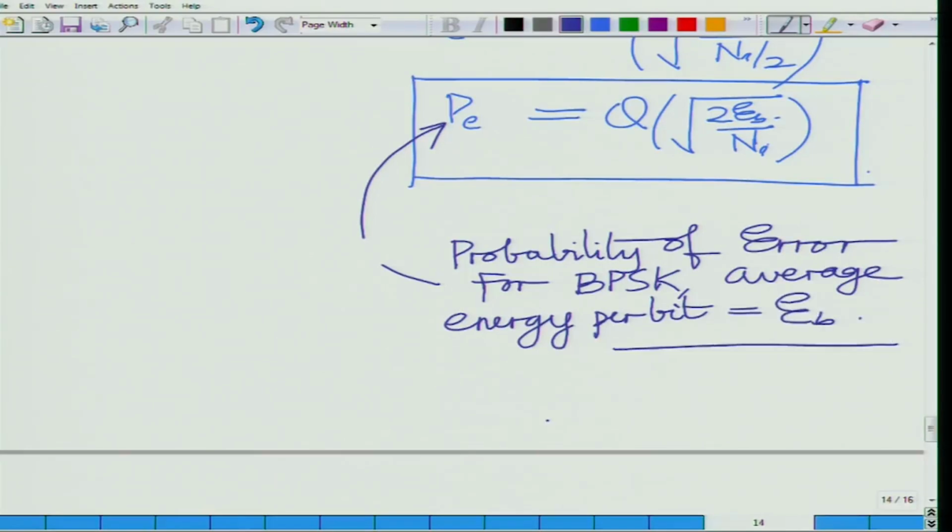That is the whole point, and this is a very popular and very standard result, that is the probability of error of BPSK is given as Q square root of 2 E b by N naught.